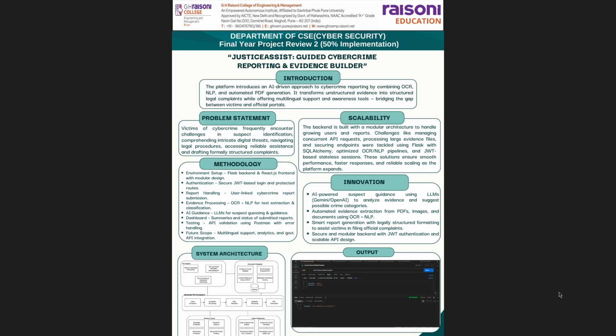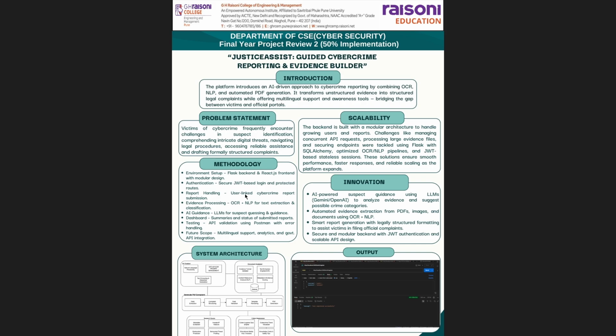The poster explains that JusticeAssist introduces an AI-driven approach to cybercrime reporting by combining OCR, NLP, and automated PDF generation. It converts unstructured evidence such as chats, documents, and screenshots into properly formatted legal complaints with multilingual support and awareness tools.